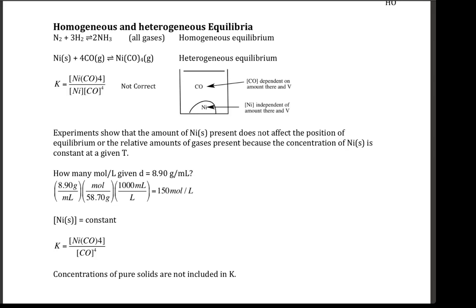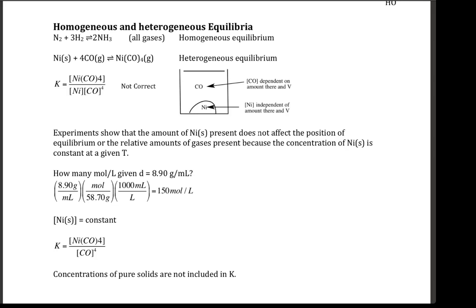That is, if we are told the density of the nickel, and let's say we're told it to be 8.90 grams per mL, and you know how density just depends on temperature, it's a property of the solid that we can easily measure in the chem lab.